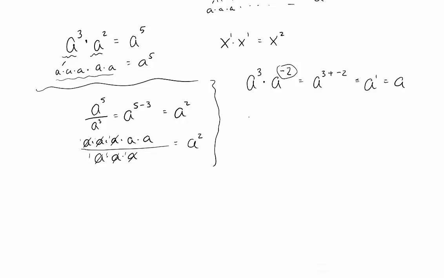Well, what if I have this? What if I have a to the 3rd power again, and I divide it by a to the 5th power? What do I do there? Again, we're just going to subtract the exponents. I'm dividing, so I'm subtracting. So now I have a to the 3 minus 5, and that's a to the negative 2.